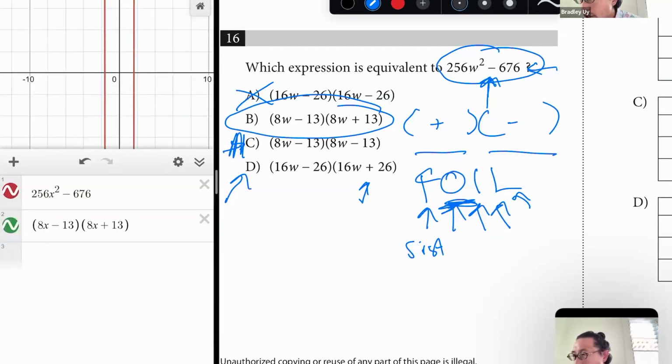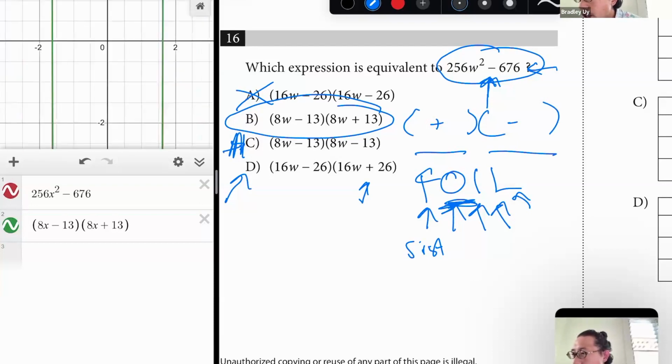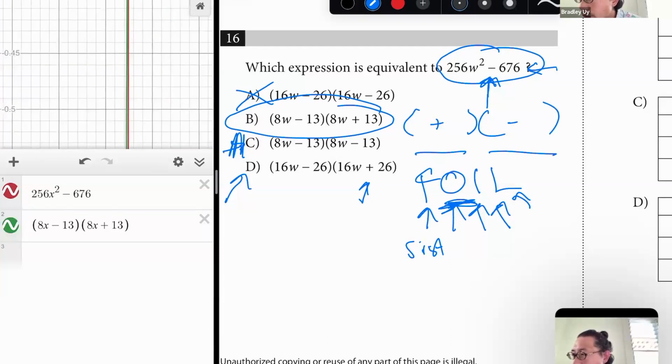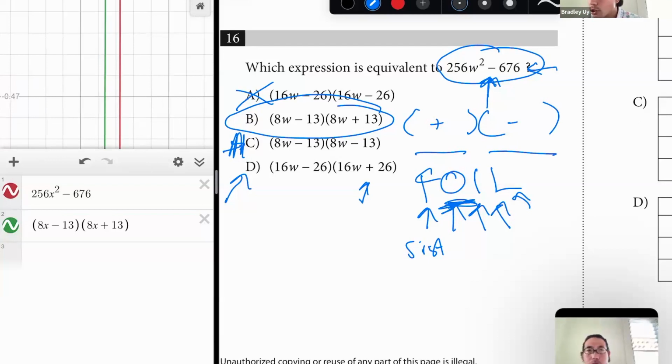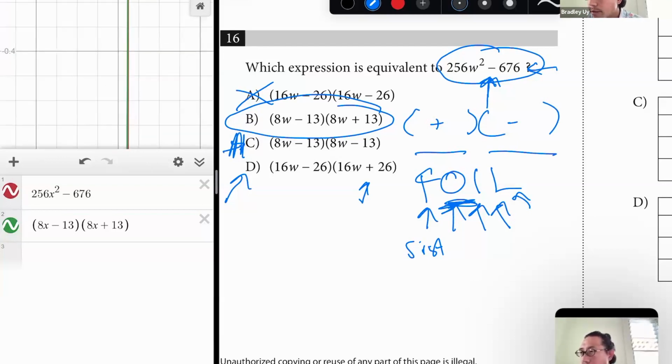There's the red, there's the green. They look identical. Don't be fooled. Be super careful and zoom in very tight to this graph. You will see that there's clear separation between these two graphs, that they are not equivalent. They are close, but they are not equivalent.